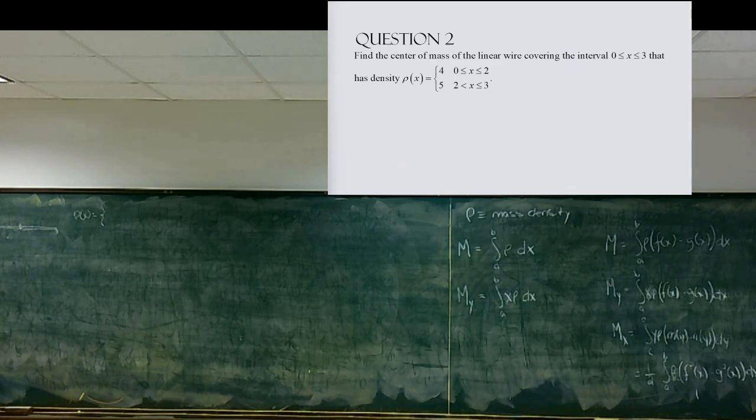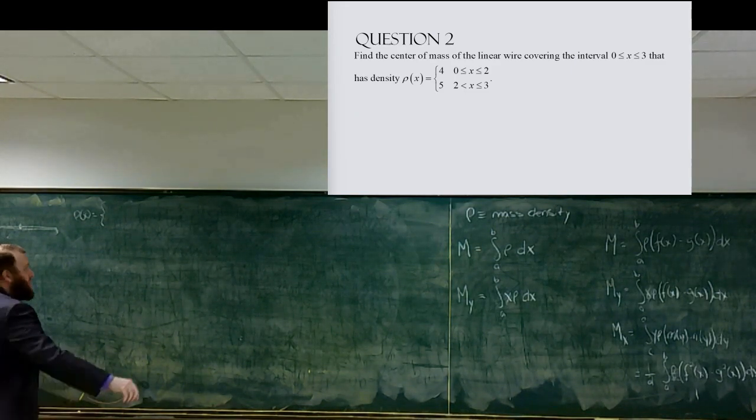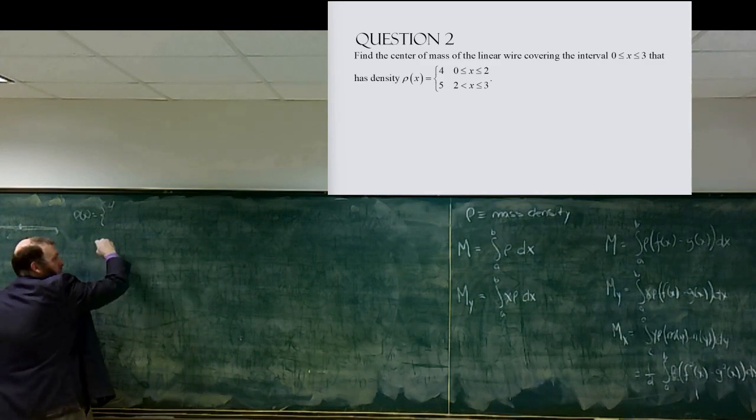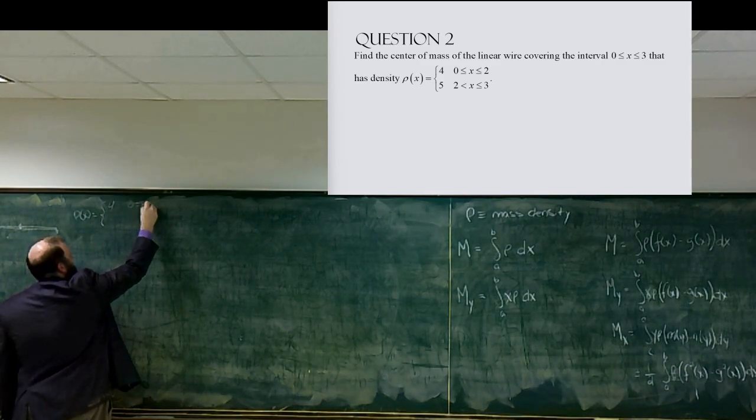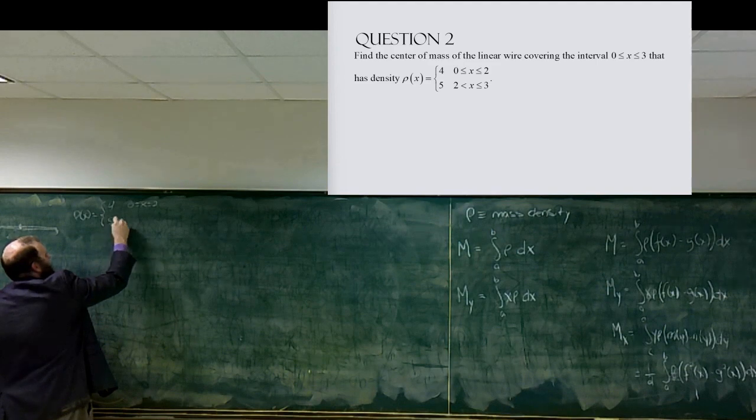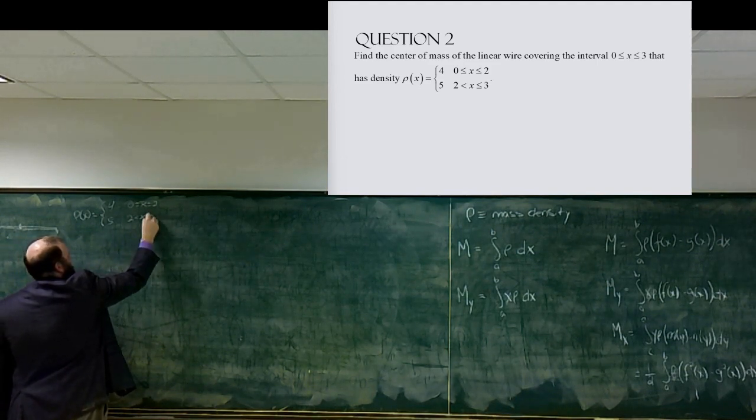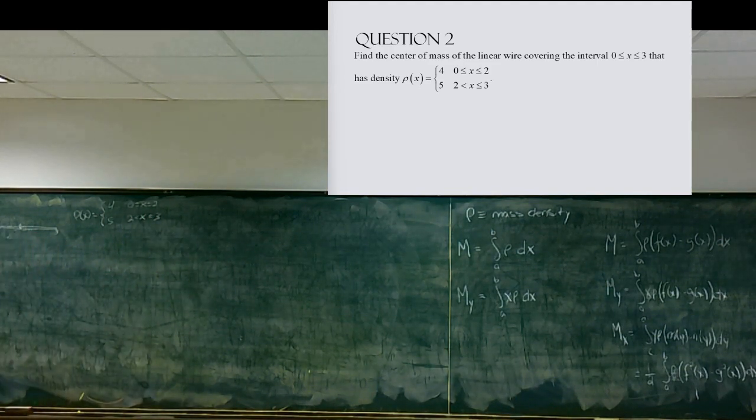Rho of x is now piecewise: 4 units from 0 to 2, 5 units from 2 to 3. So the first 2/3 is going to have a constant density of 4, and then the last third of the wire is going to have a constant density of 5.